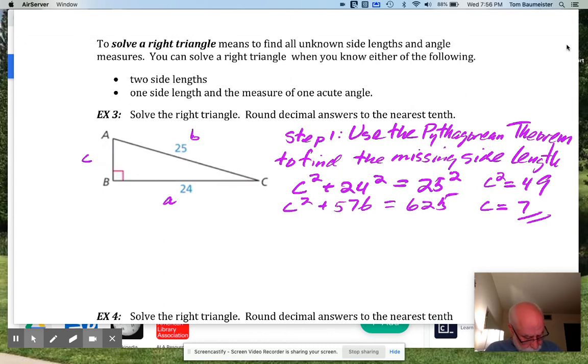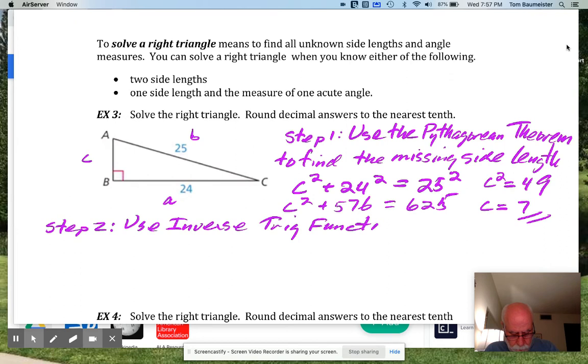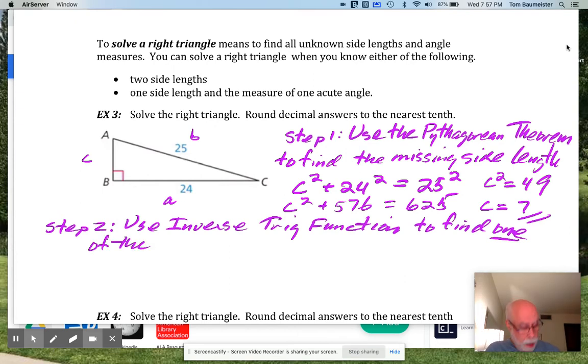Okay? Now, step 2, use the inverse trig function to find one of the angles.